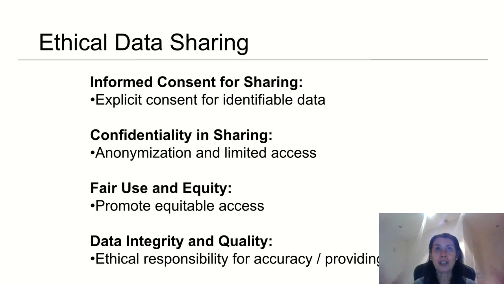So for data sharing, again, it is important to start with informed consent. Inform your participants that you plan to share your data. You need to respect the confidentiality of your participants when you share the data.